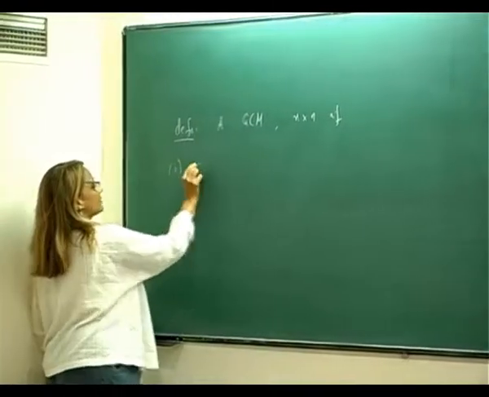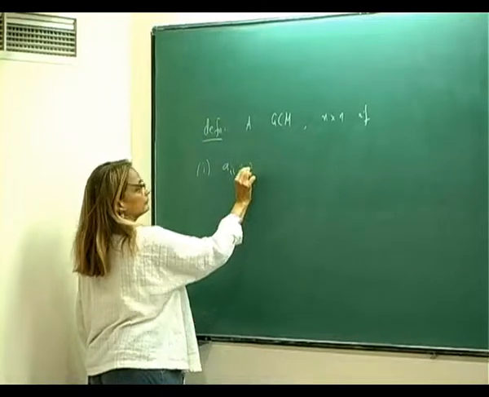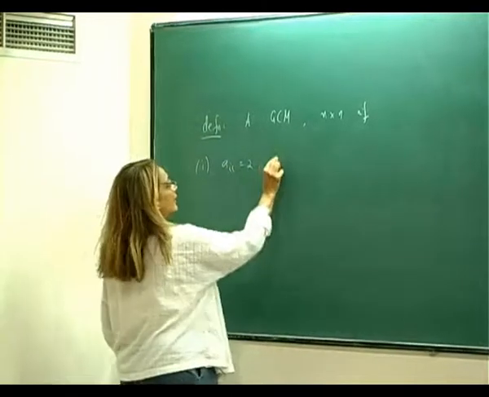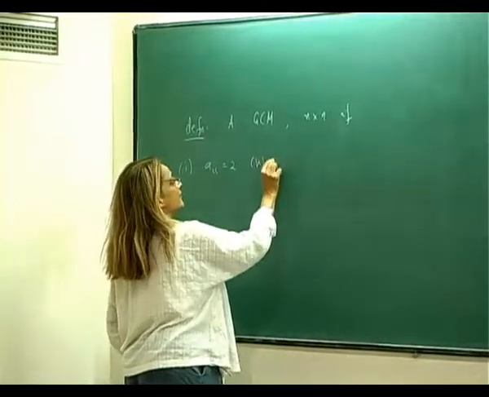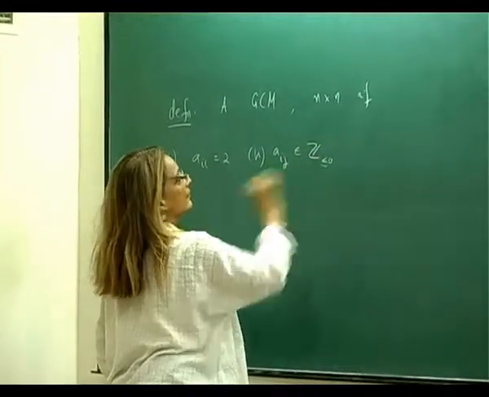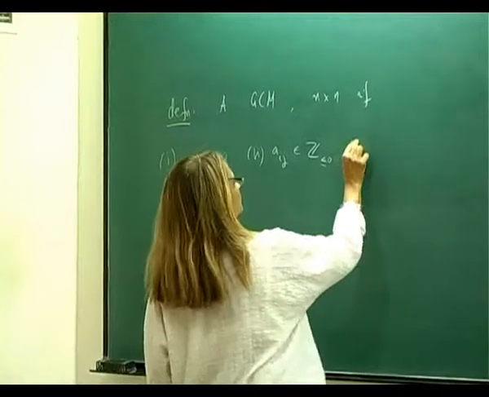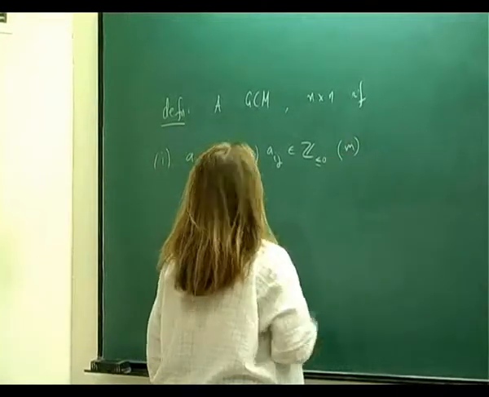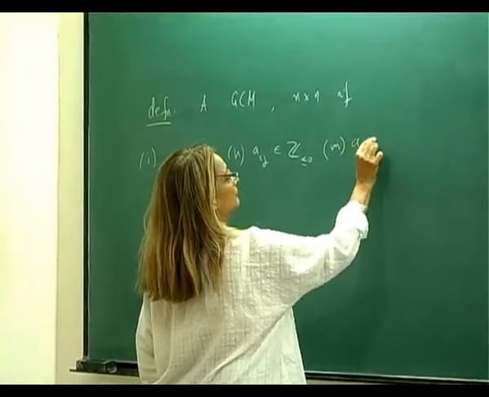The diagonal entries have to be 2. The off-diagonal entries are non-negative integers. And the zeros must occur symmetrically.